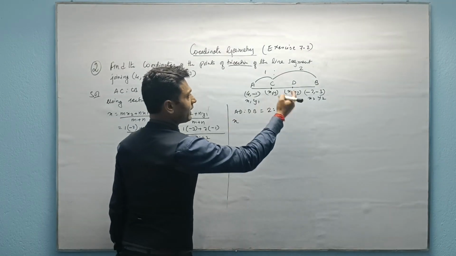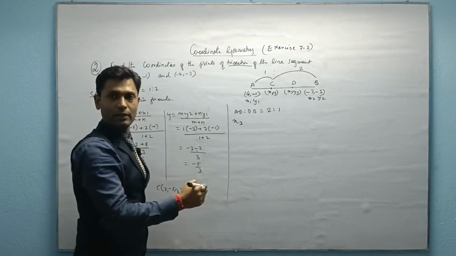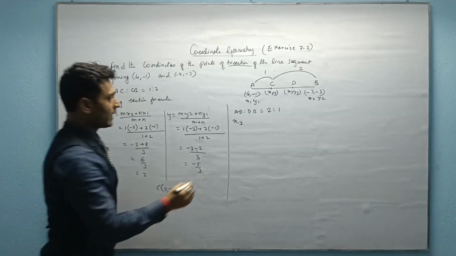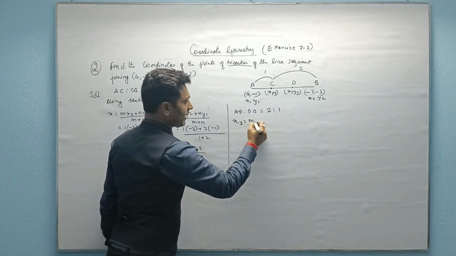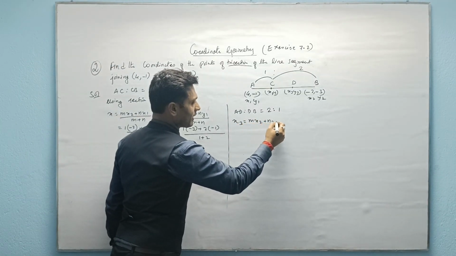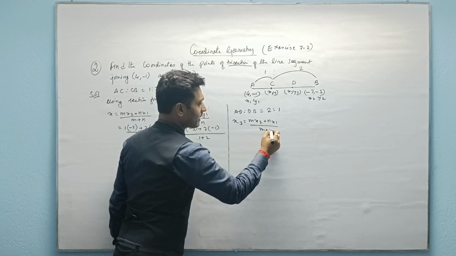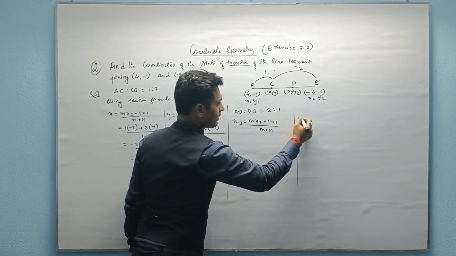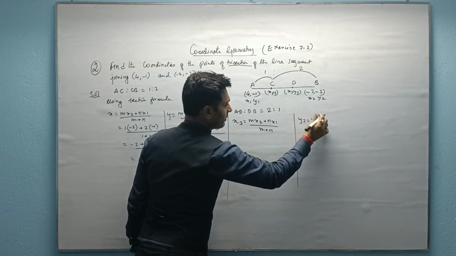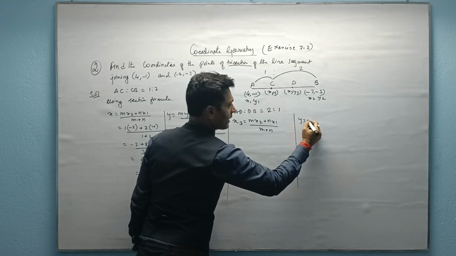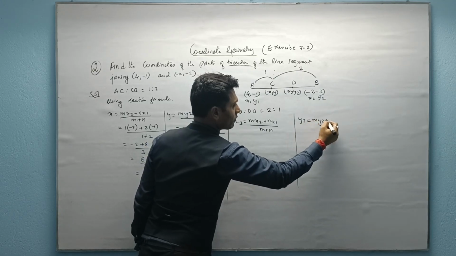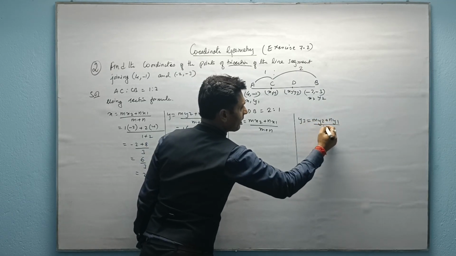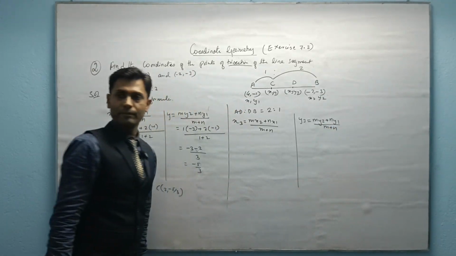Now the coordinates of D is what? X3 and Y3. So X3 will be equal to (m x2 plus n x1) divided by m plus n. Likewise, Y3 is equal to (m y2 plus n y1) divided by m plus n.